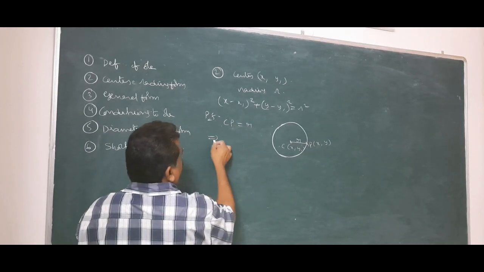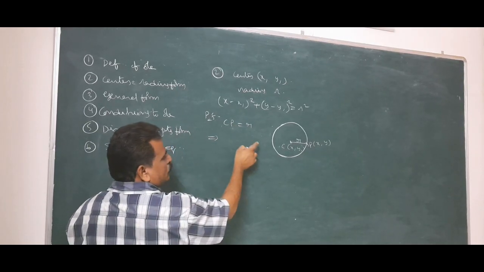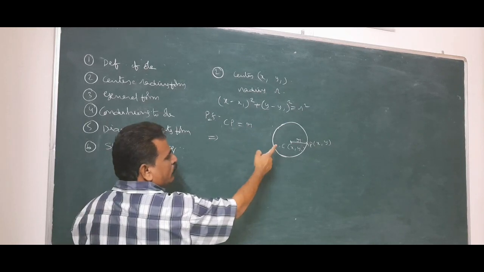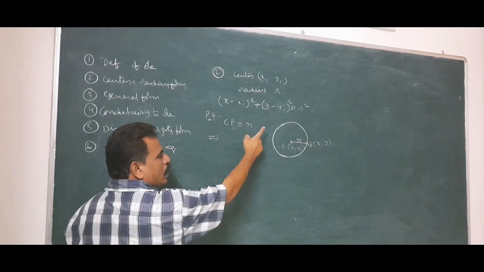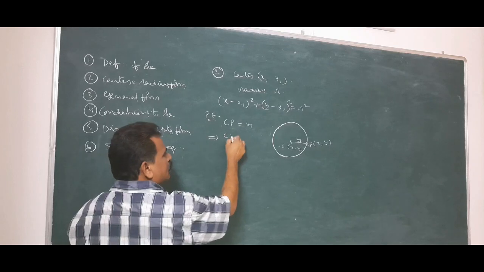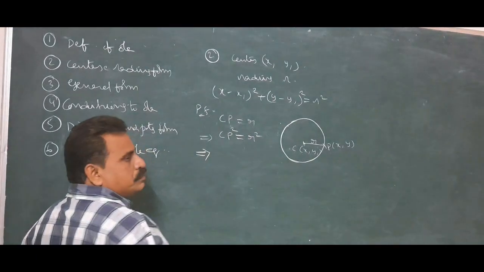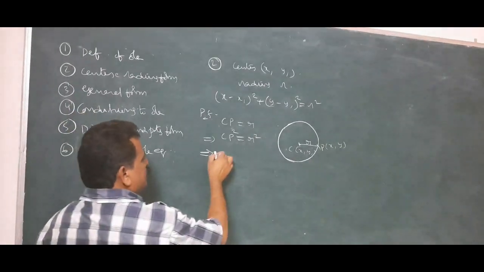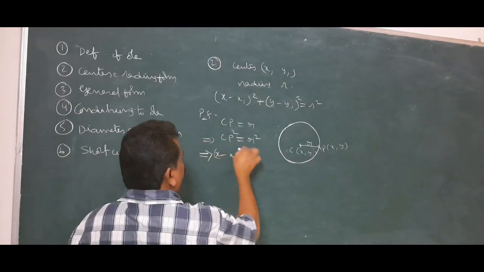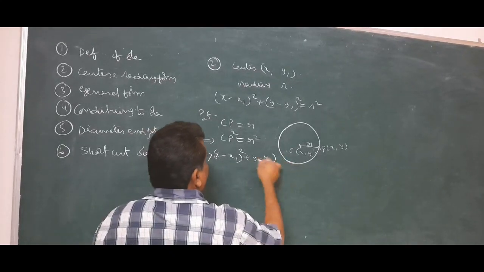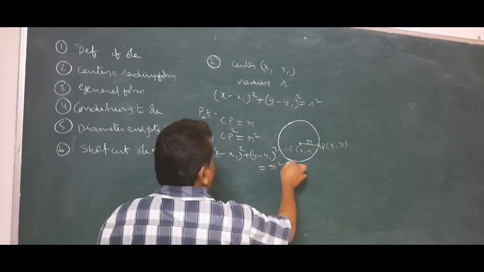So implies square root of x minus x1 whole square plus y minus y1 whole square equal to r. Squaring this, CP square equal to r square, so there is no root, which implies x minus x1 whole square plus y minus y1 whole square equal to r square.